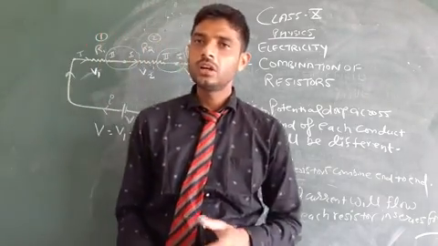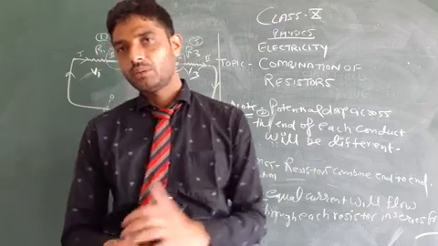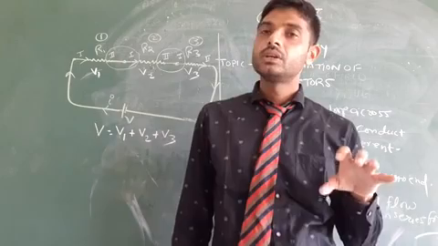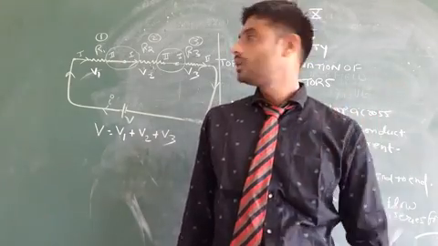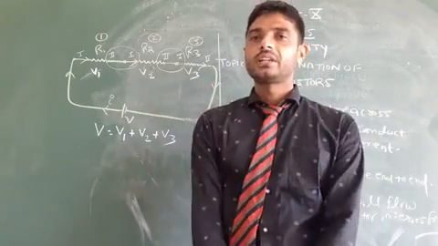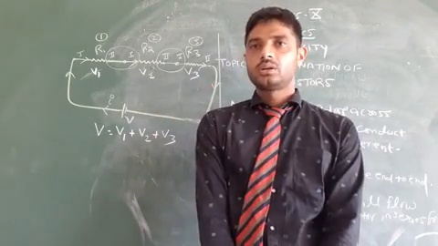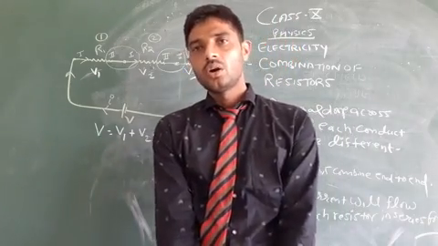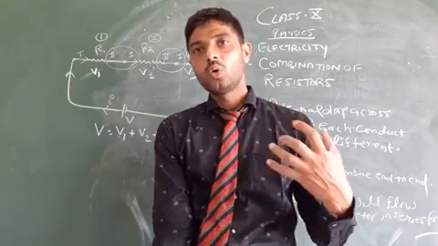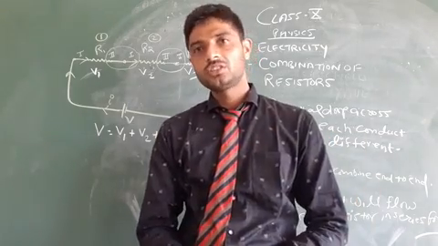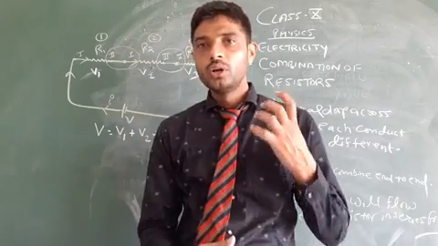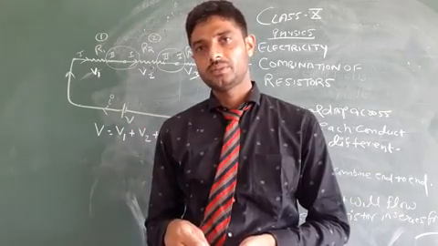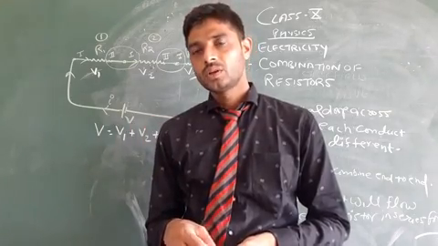Because this potential behaves as energy. The battery supplies energy, and this energy is distributed among the resistors, and the potential drop across each resistor will depend upon the resistance of the resistor.